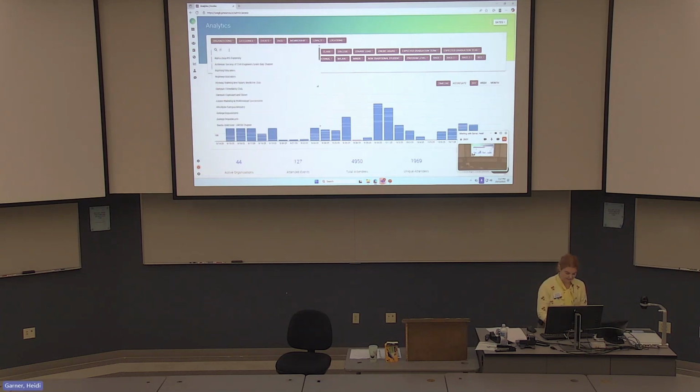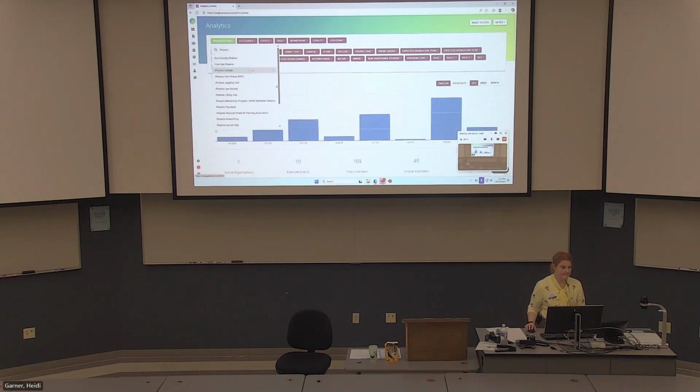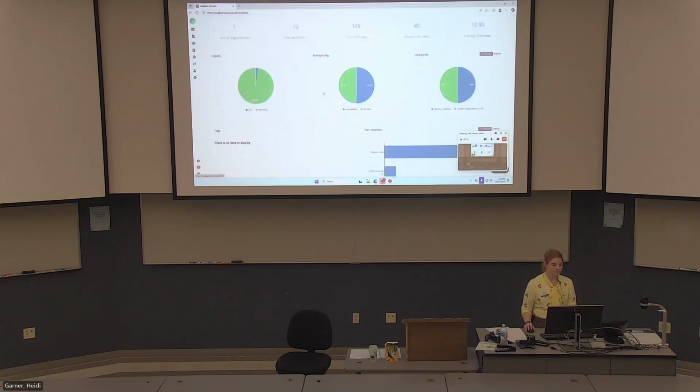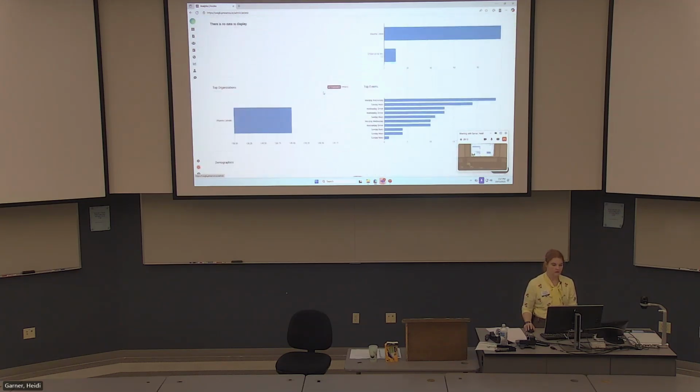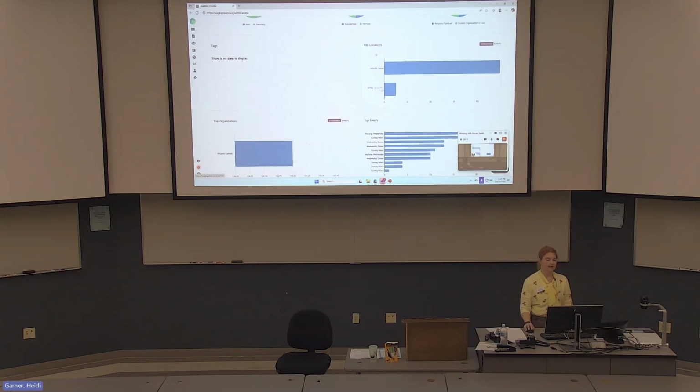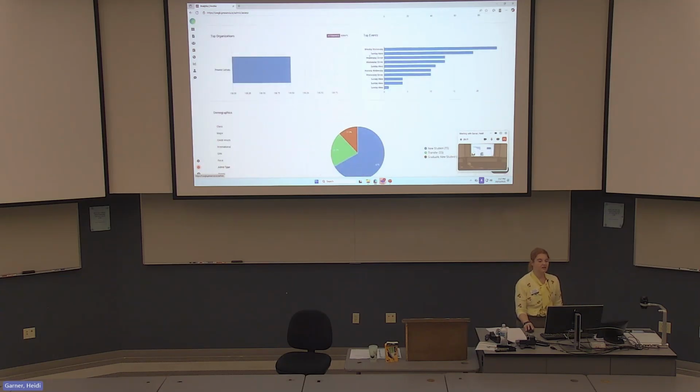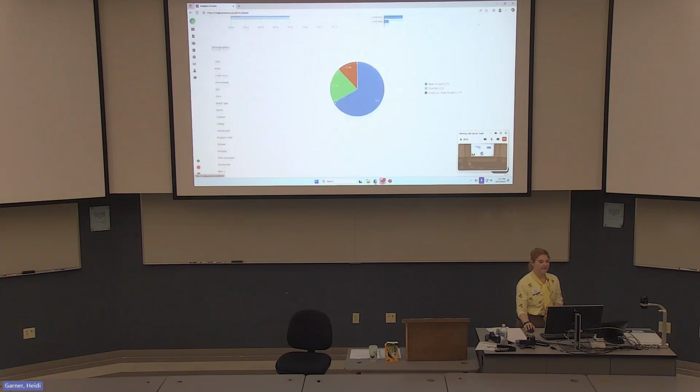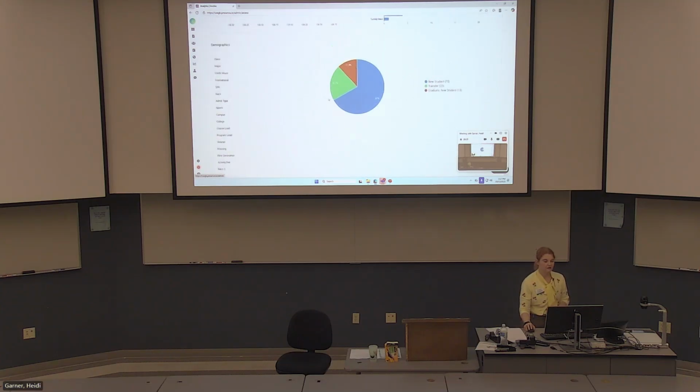And that is Phoenix Catholic. So you can see the top location is the Moffitt Center. Their top event is Worship Wednesday and Sunday Mass. Almost 70% is new students.